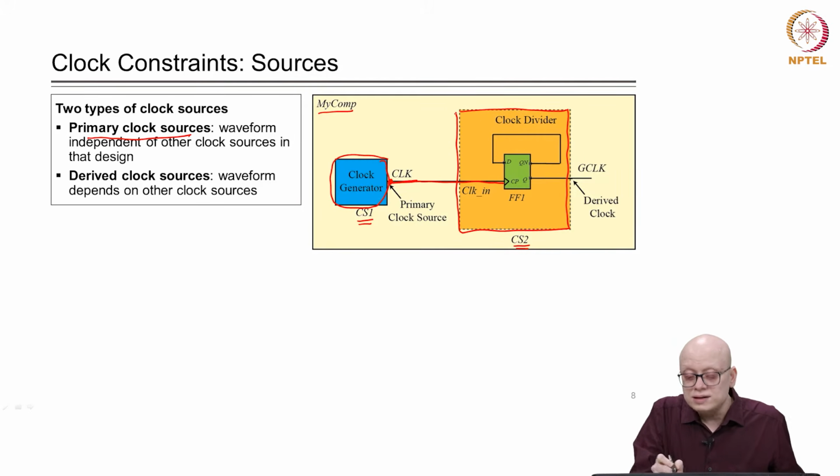Now, this clock generator receives the clock signal CLK from the primary clock source and internally makes some changes. What is this change? We can see that the Qn, that is the not of Q, is going to the D pin, and what is going to the clock pin? The original clock. Suppose the initial value of Q was 1. Then Qn will be 0.